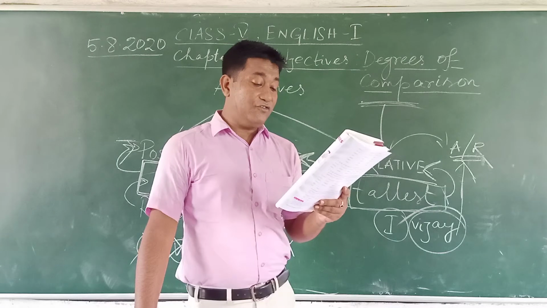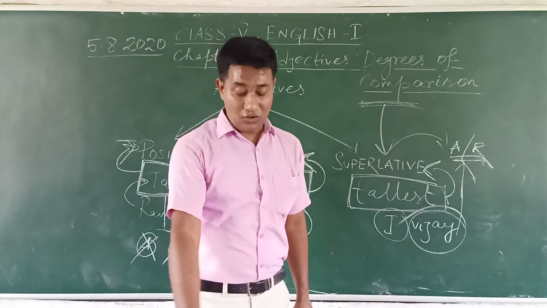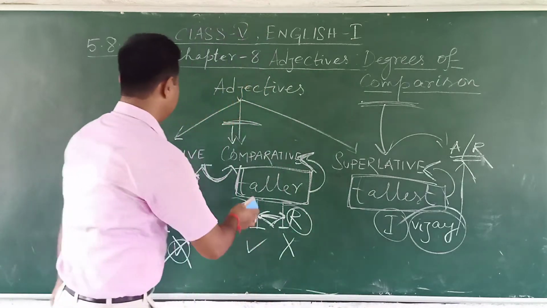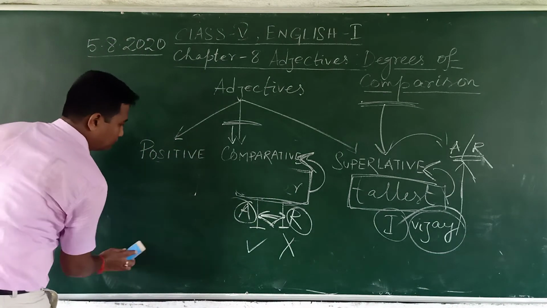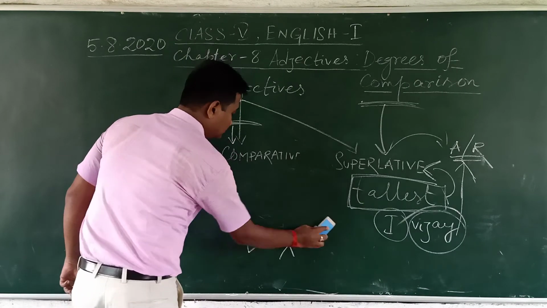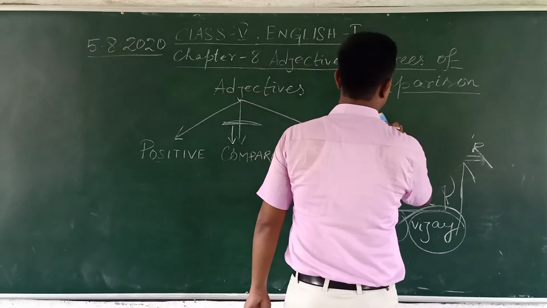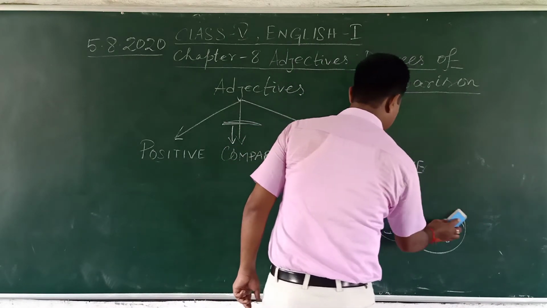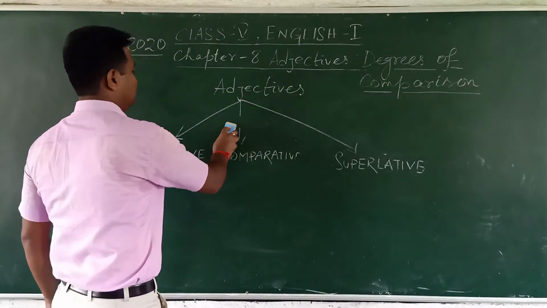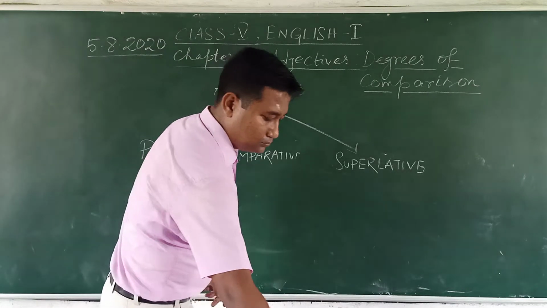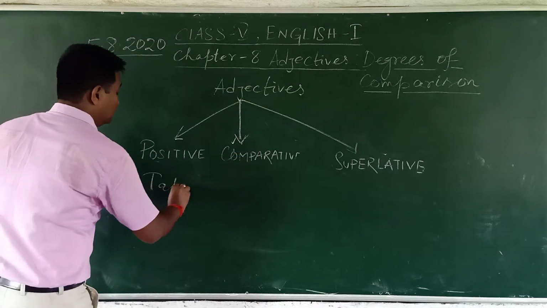We use the positive degree of an adjective when we do not make any comparison. So tall: there was only one person.